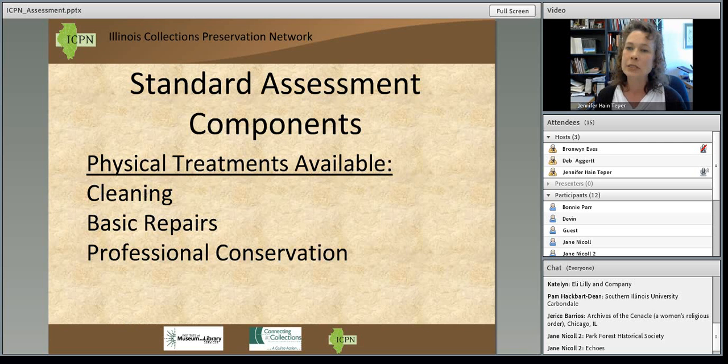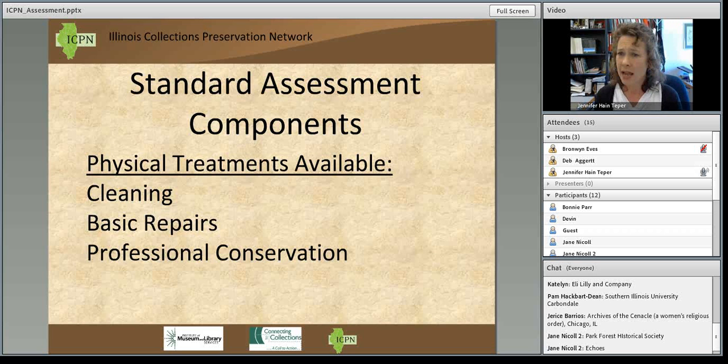What kind of physical treatments do you have available to you immediately and maybe not so immediately? Do you have staff who are at least in charge of caring for the physical collection at some level? Just basic cleaning, shelving, looking at physical stability and trying to address immediate issues, string tying things or earmarking things for boxes at the very least.